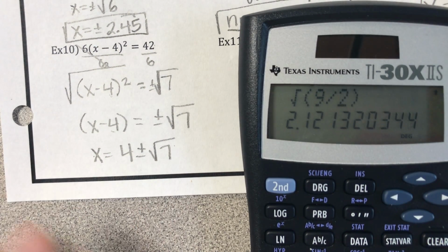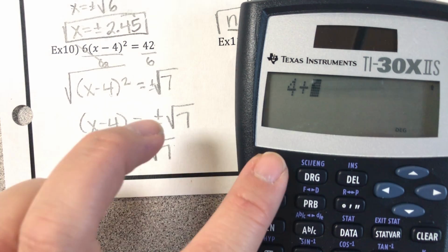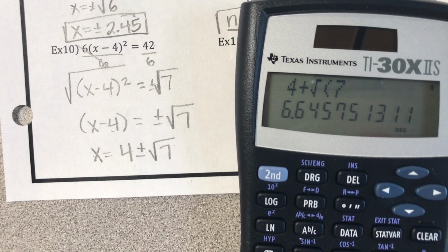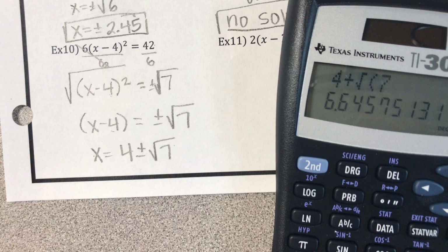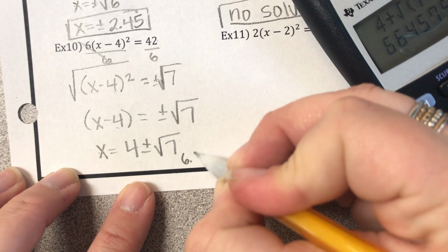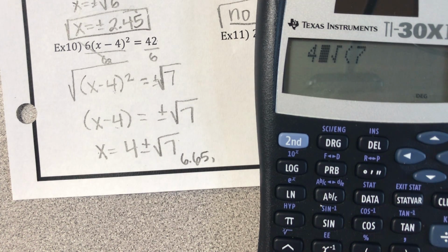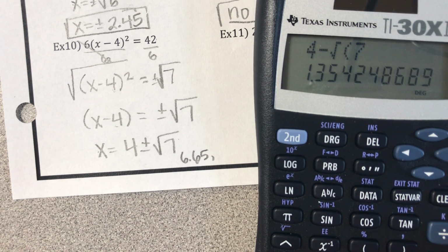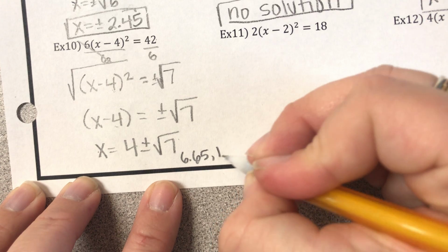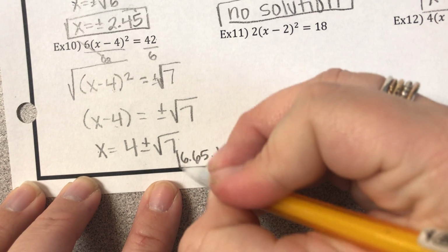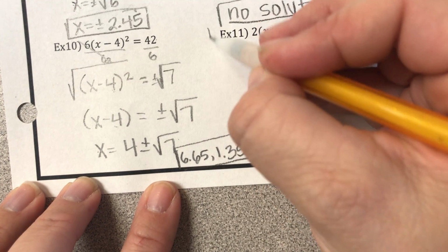On my calculator, I can type in 4 plus the square root of 7, and I get 6.65, or 4 minus the square root of 7, and I get 1.35. And those are my two answers. That took up a little bit more space than I intended.